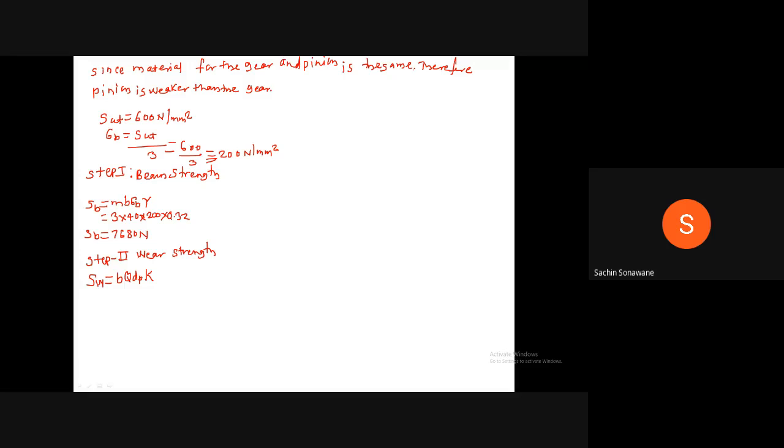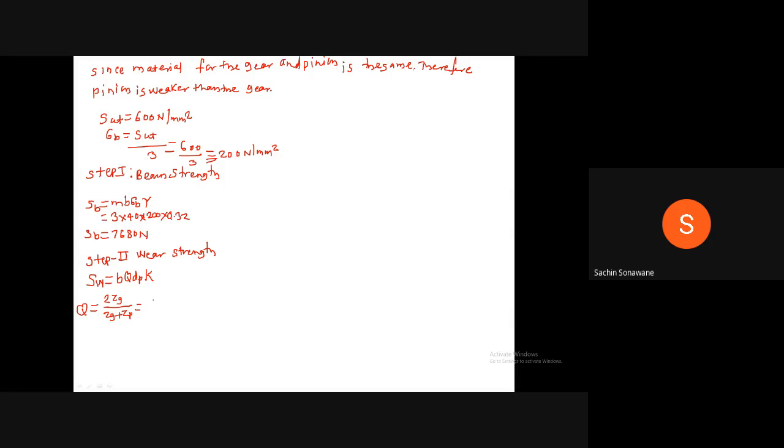When two gears are in contact externally, what is the value of Q? Q is equal to 2 into ZG divided by ZG plus ZP.